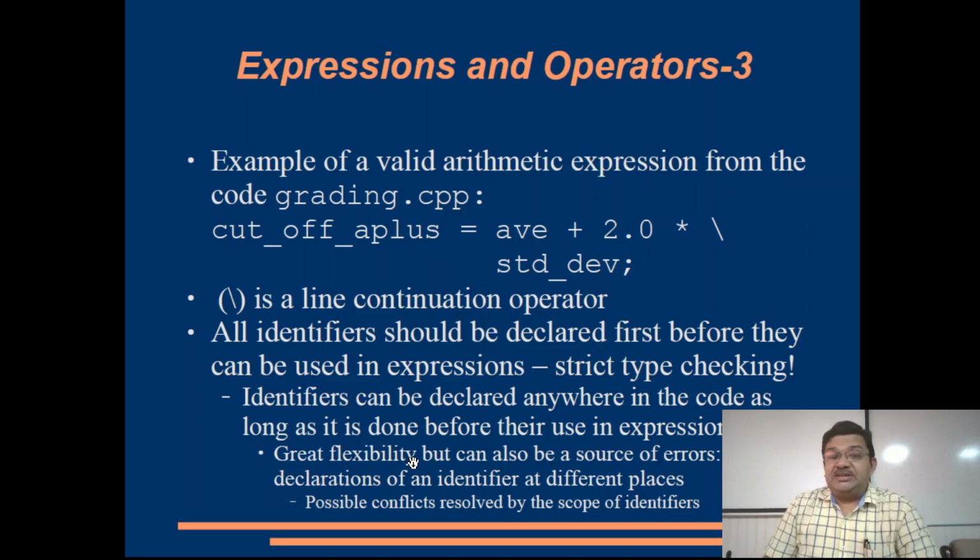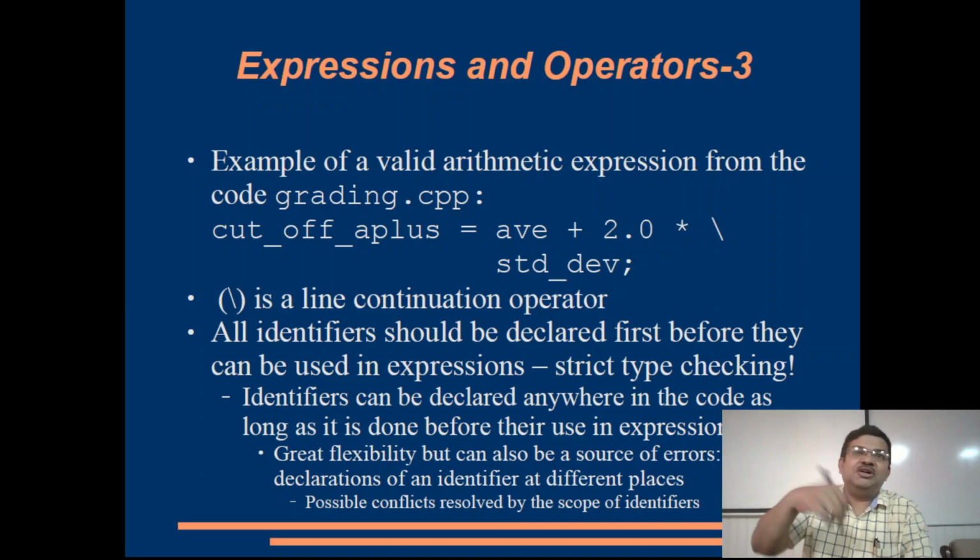So this is a great flexibility. I mean, you can virtually invent variables as you go along. You are writing code, suddenly you find that you need some kind of storage space to store some result. You can straight away declare a variable and use it right away and get on with it. So that's a great flexibility.